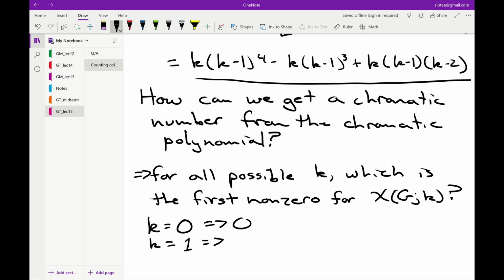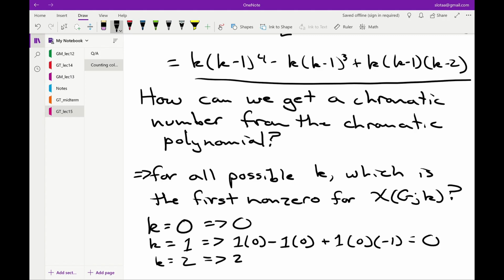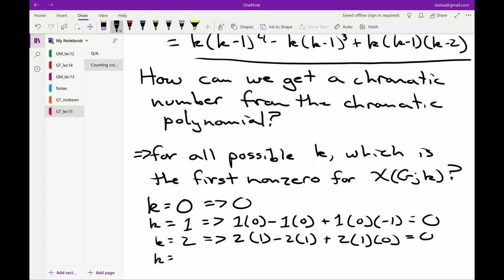That would be 1 times 0, minus 1 times 0, plus 1 times 0 times negative 1, which is just 0. What about k equal to 2? Again, we have 2 times 1 to the 4, minus 2 times 1 to the 3, plus 2 times 1 times 0. The first two terms cancel out and the last one is just 0. So again, 0.